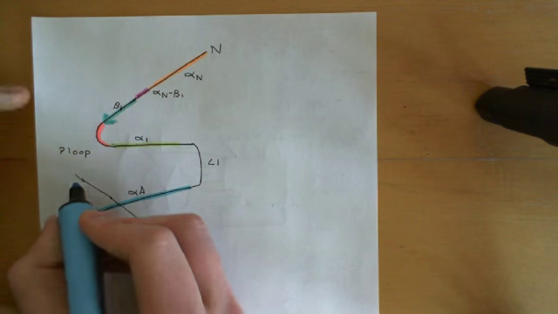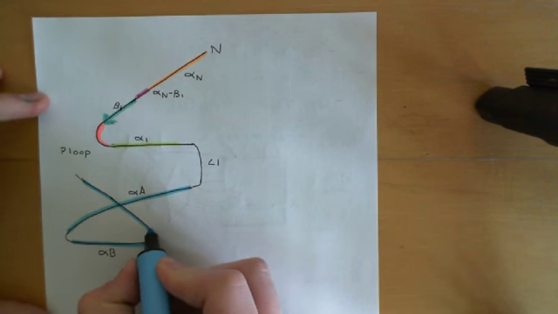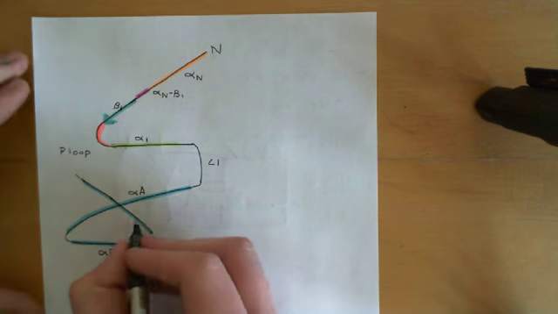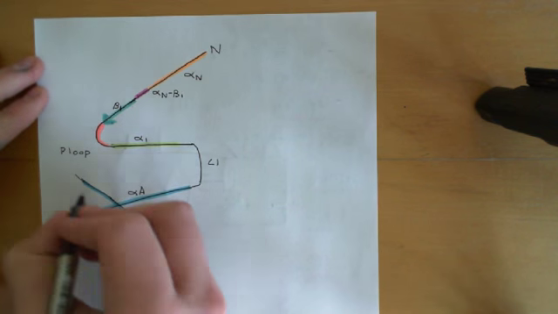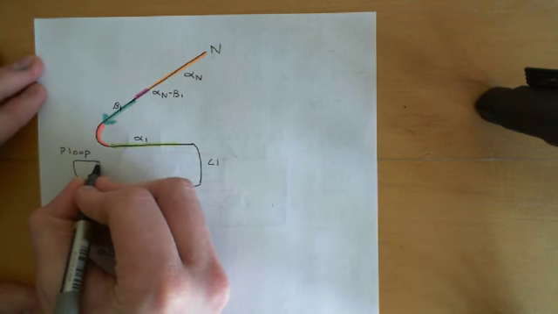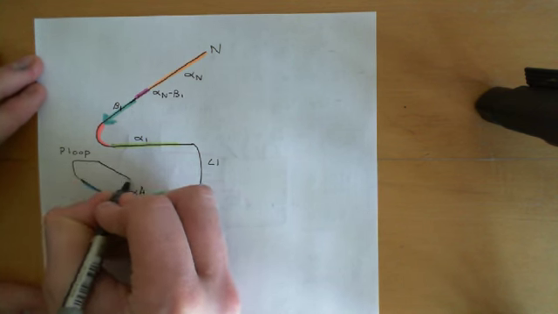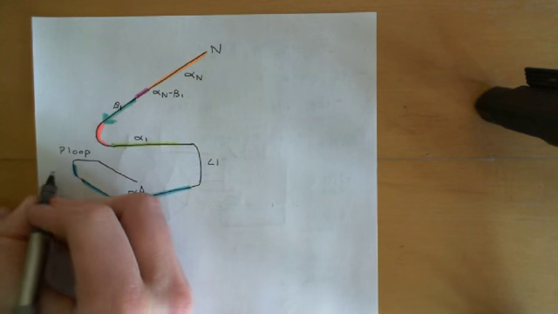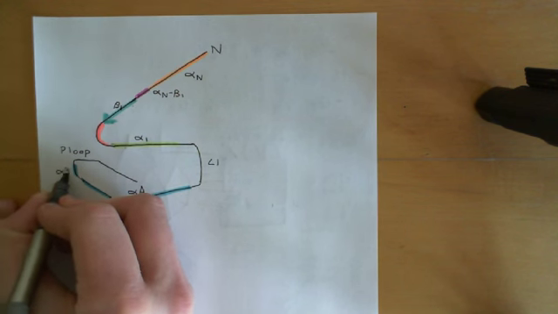Here's the third alpha helix, and this is what's going to be known as alpha helix C. Then it will loop up like so, loop round like so again, and here we're going to have a little alpha helix called alpha helix D.